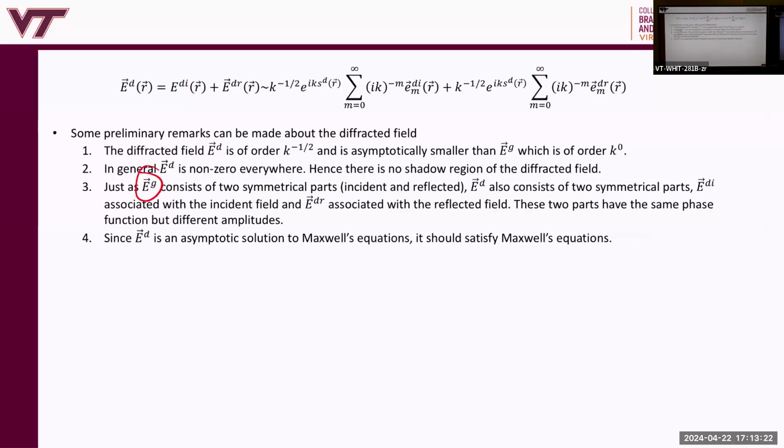Just as E GO consists of two symmetrical parts, incident and reflected, the diffracted field also contains two symmetrical parts, E diffracted incident and E diffracted reflected. E diffracted incident is associated with the incident field, and E diffracted reflected associated with the reflected field. These two parts have the same phase, but different amplitudes. We'll understand that. Since E diffracted is an asymptotic solution to Maxwell's equations, it should also satisfy Maxwell's equations, obviously.